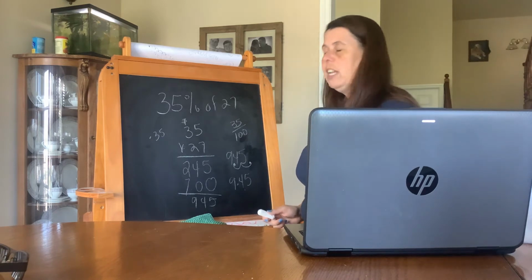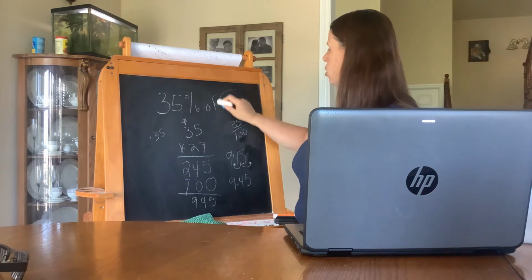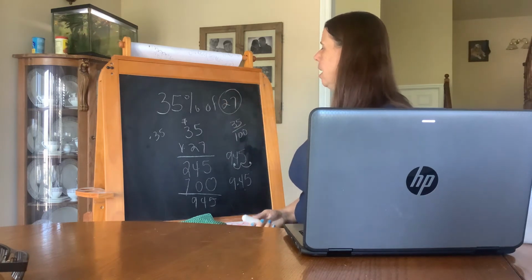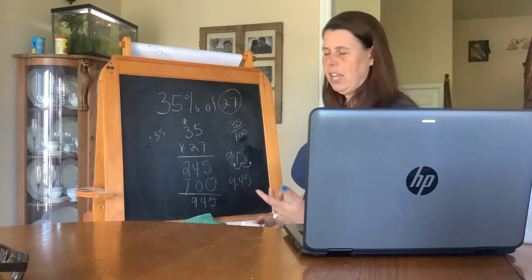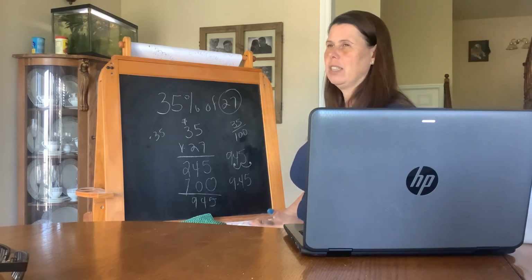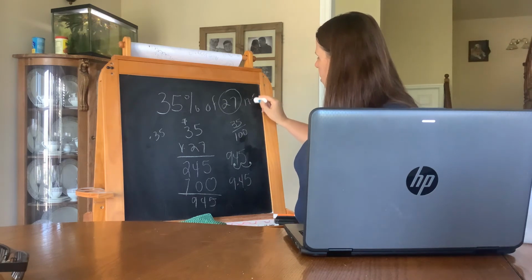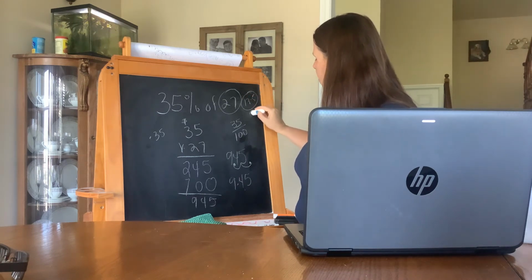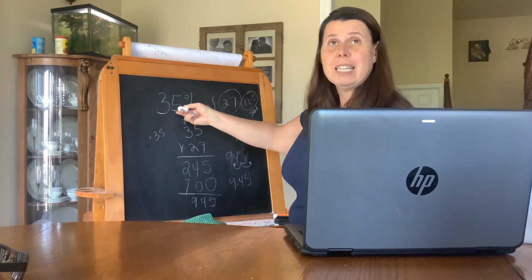There's a good way to check. If our number was 27, and I look at what half of 27 is, because half of anything is easy, right? We can always cut things in half. It'd be 13.5. So 13.5 is 50%. So 35% is going to be less than that, right?